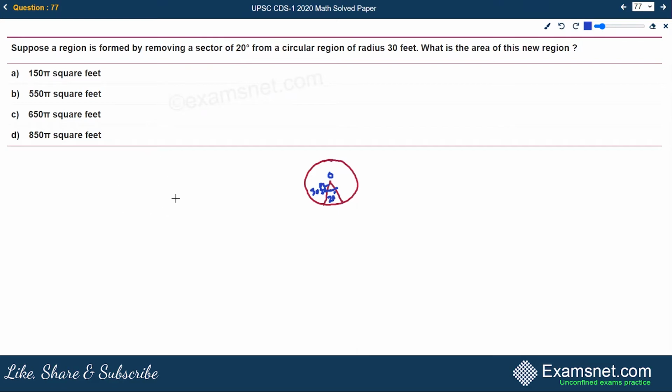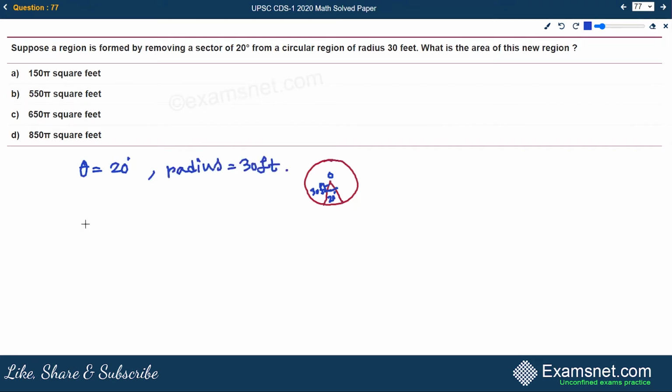A region enclosed by a radius and an arc is called a sector of the circle. Here the central angle is 20 degree for that sector and the radius is 30 feet.